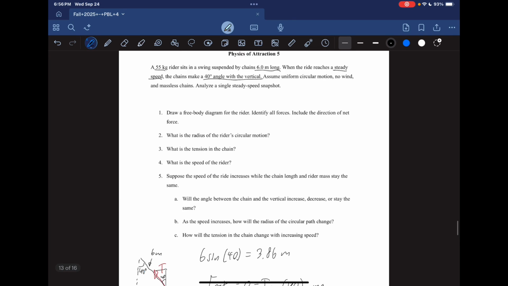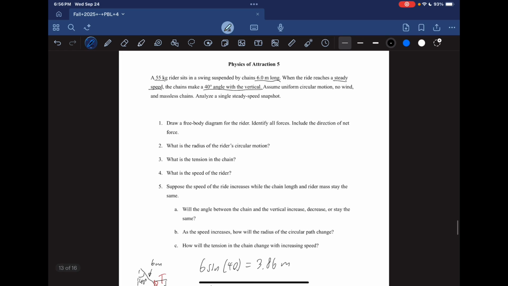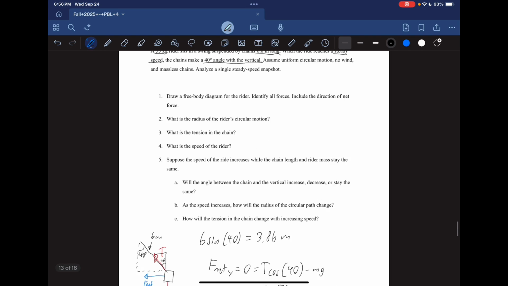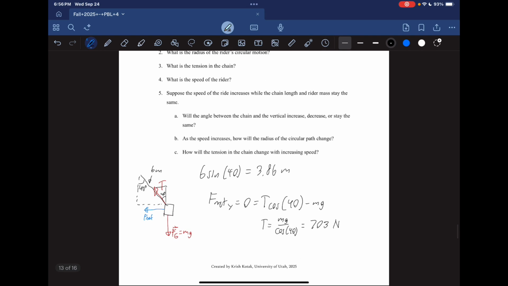I'm going to double check that real quick, but I think that's right. 55 times 9.8 is 539. And then divide that by cosine of 40 degrees. Should be 703 newtons.